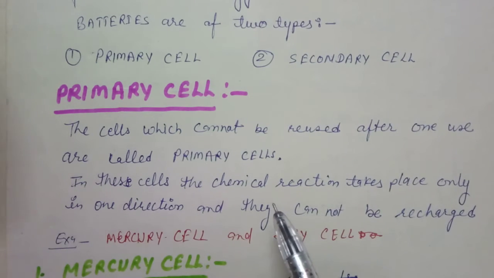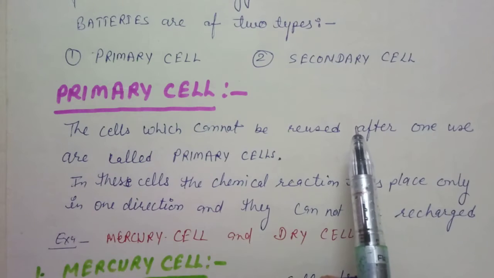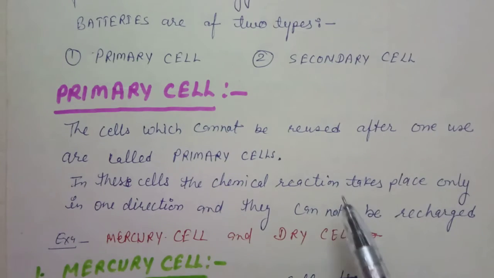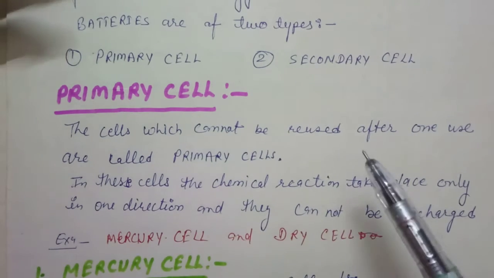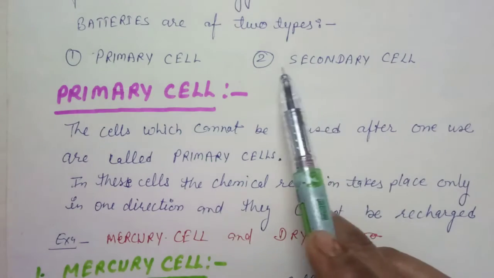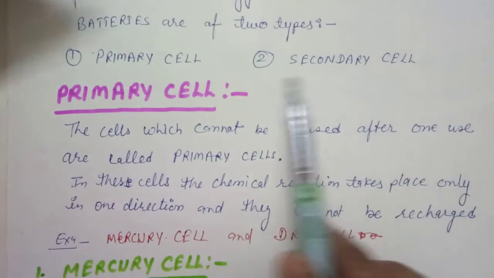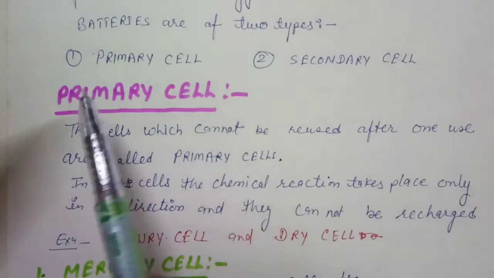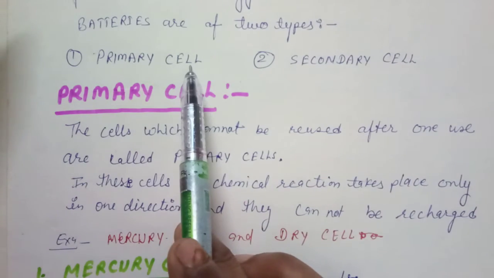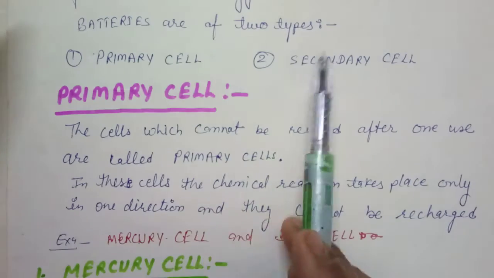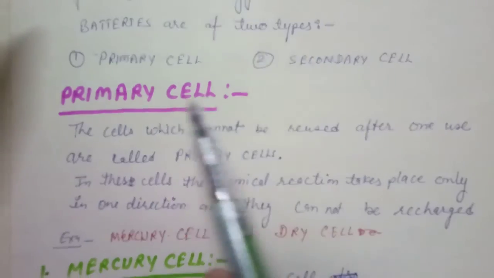But as we have seen in our mobile phones and cameras, the battery is chargeable, we can recharge it with a source of electricity. So the cells which can be charged by an electricity source are secondary cells, and those that cannot be recharged are primary cells. We will discuss both types in this chapter.